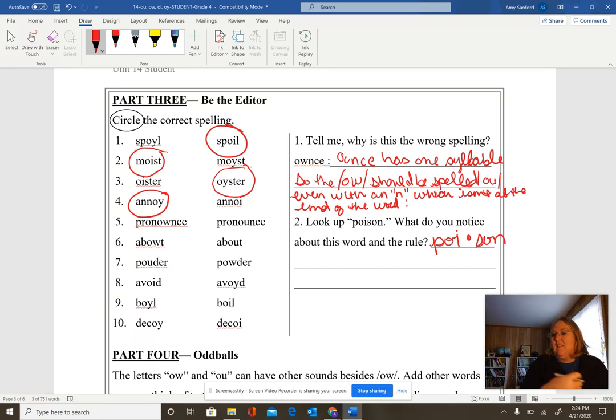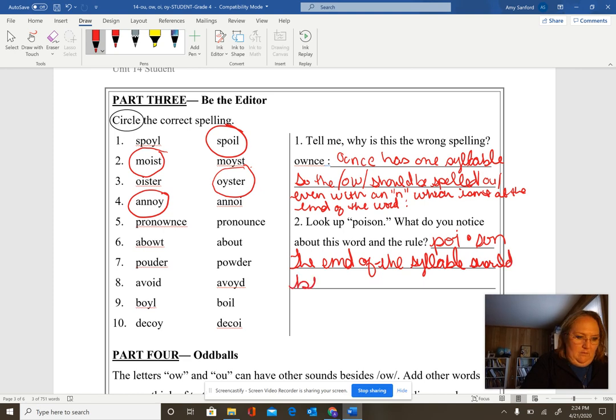So that was one of those words that kind of breaks the rule, right? That's kind of tricky, isn't it? When those rules break on us like that.